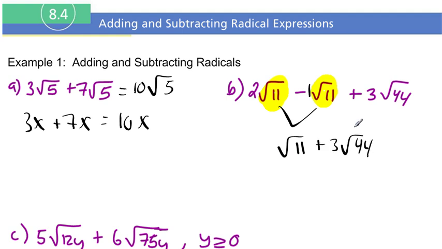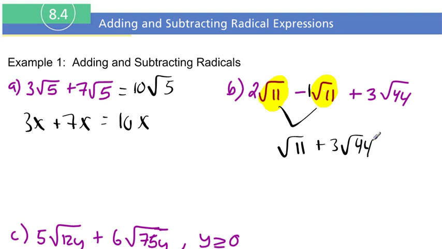Now before we stop and say, oh yes, we're done, we need to check: can we simplify radical 44? Since we have awesome radical skills now, we can go ahead and simplify it. What perfect square number goes into radical 44?